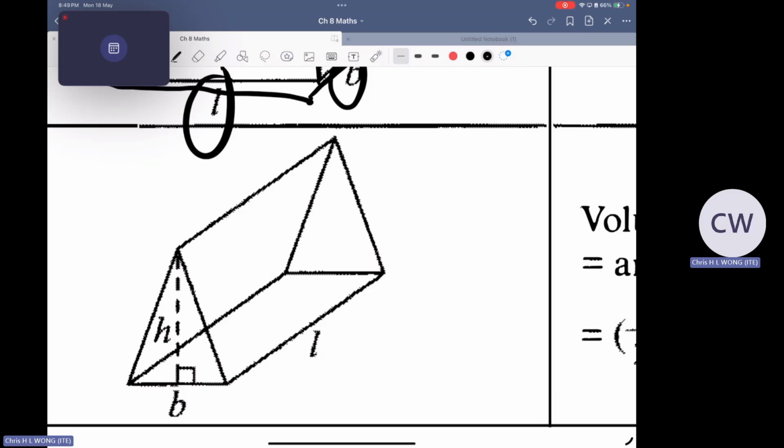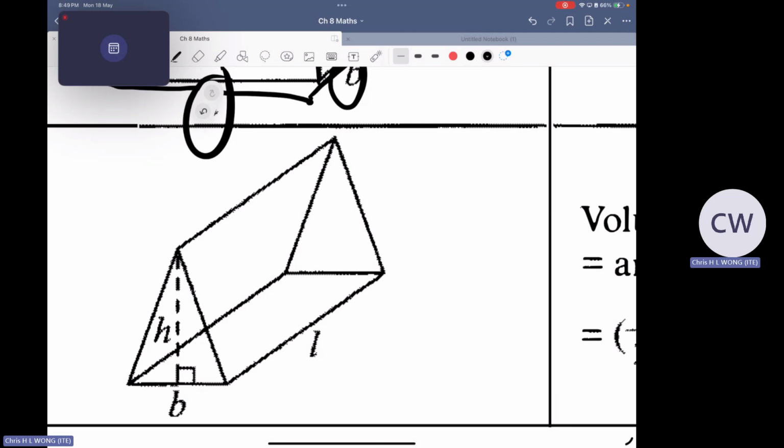I just take the area of the triangle, since the back is the same. I take the area of the triangle, I times the length that joins the back. That is the volume. That's it, done. I don't even cover the surface area. I just find one area times the length, that is the volume.